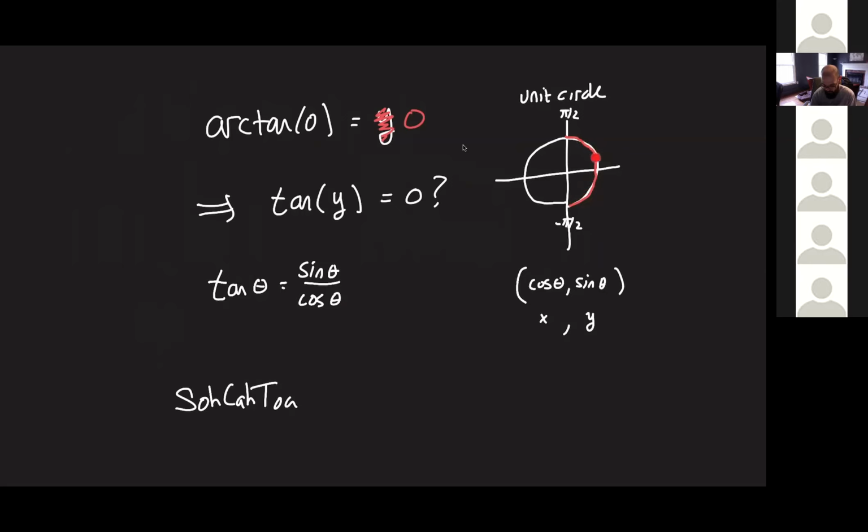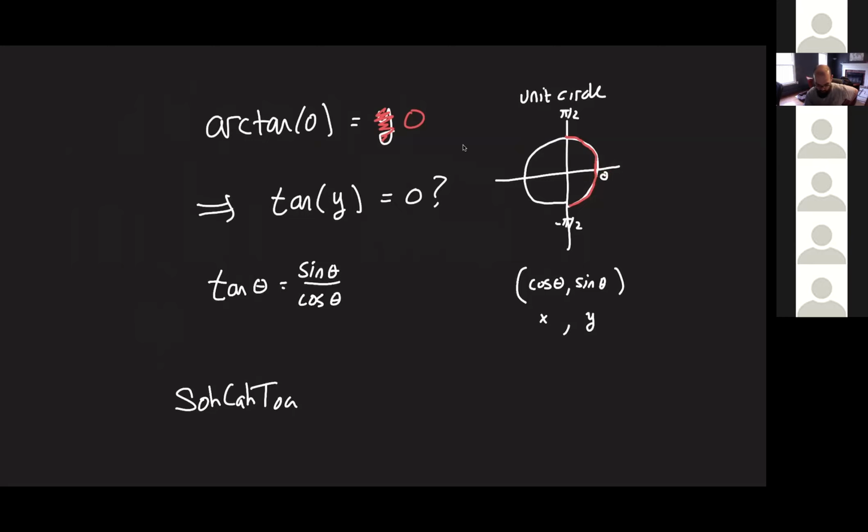It never happens on top either. The only time you're going to end up with a 0 is right here, if your y coordinate is 0. If the top is pi over 2 radians, then this would be 0 radians, and at the bottom you have negative pi over 2 radians.